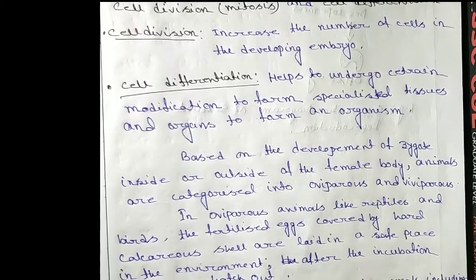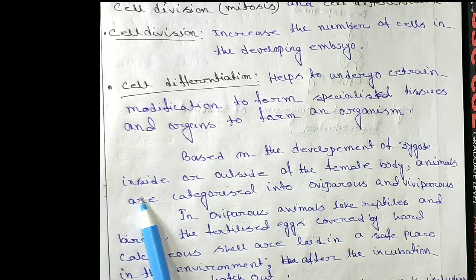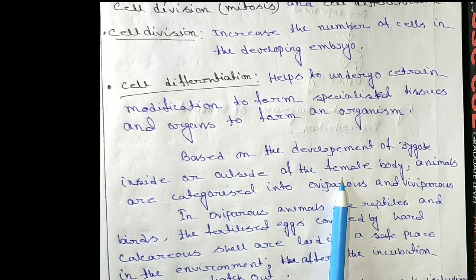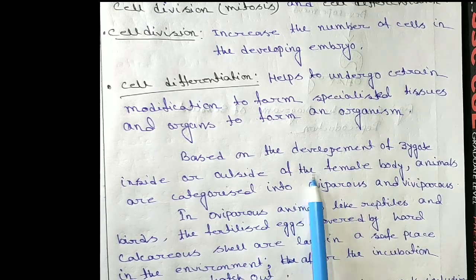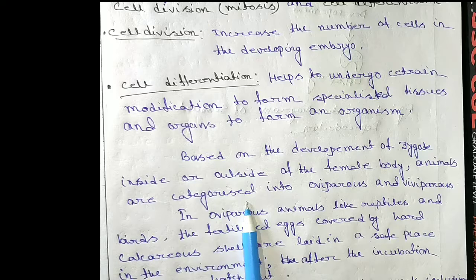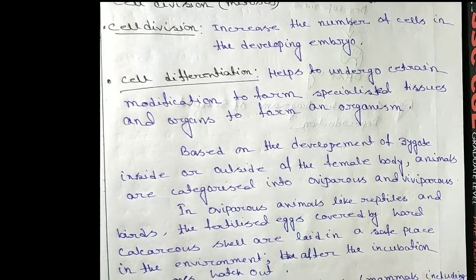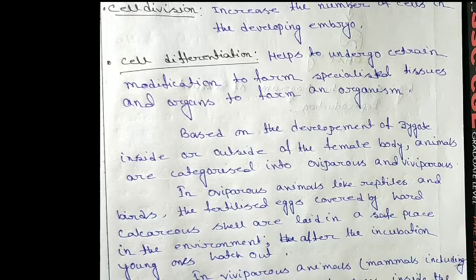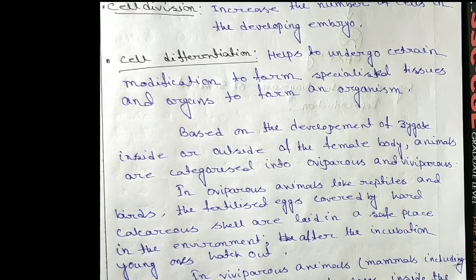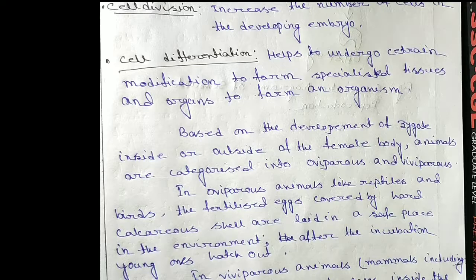Now, based on the development of the zygote inside or outside the female body, animals are categorized into oviparous and viviparous. Oviparous means organisms which lay eggs, and viviparous means organisms which give birth directly and don't produce eggs.